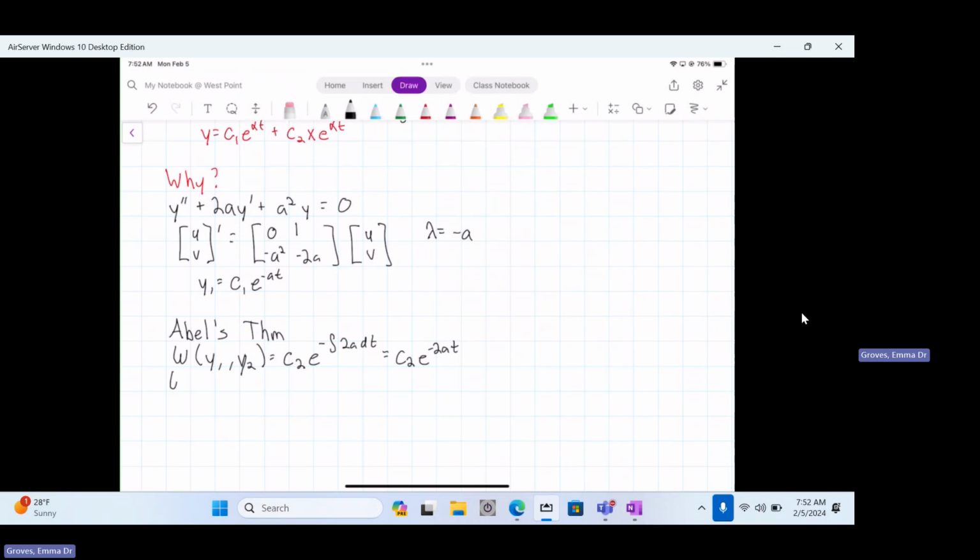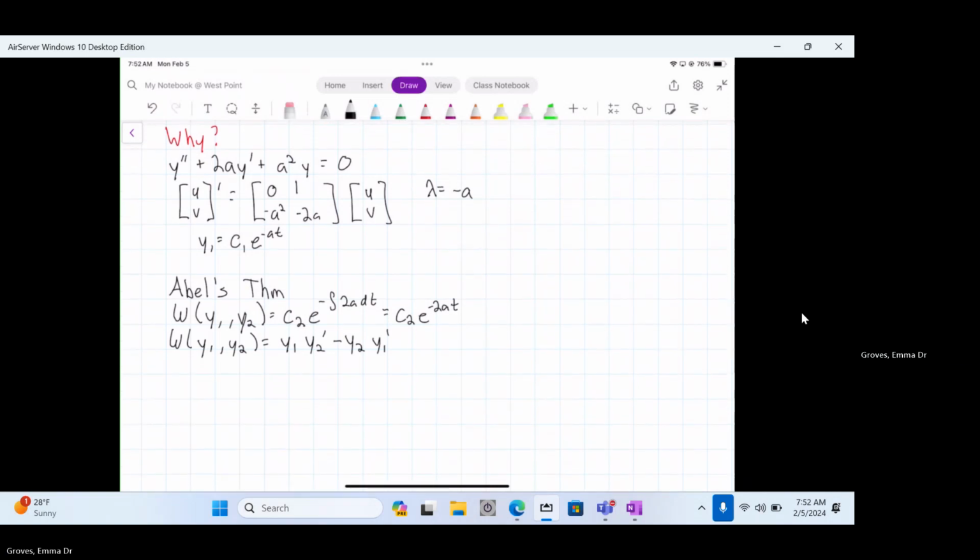But we also know that the Wronskian determinant of y1, y2 equaled y1 y2 prime minus y2 y1 prime. So if we put in our y1s and our y2s and took a determinant, this was what we got. So I'm just going to set these two things equal to each other and solve. I know y1, that was c1 e to the negative at.